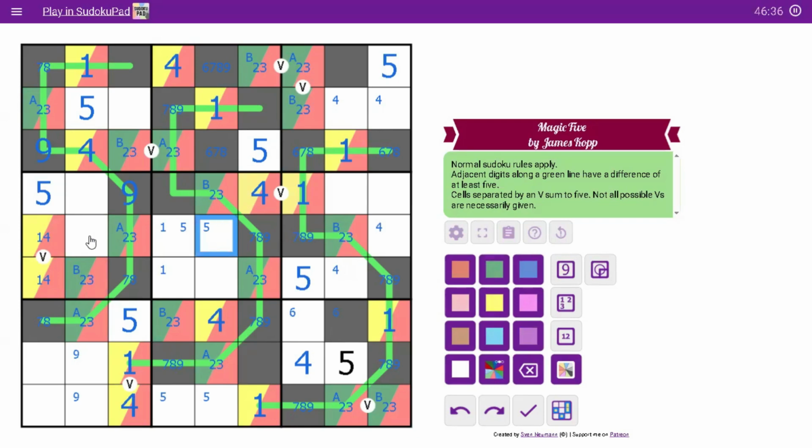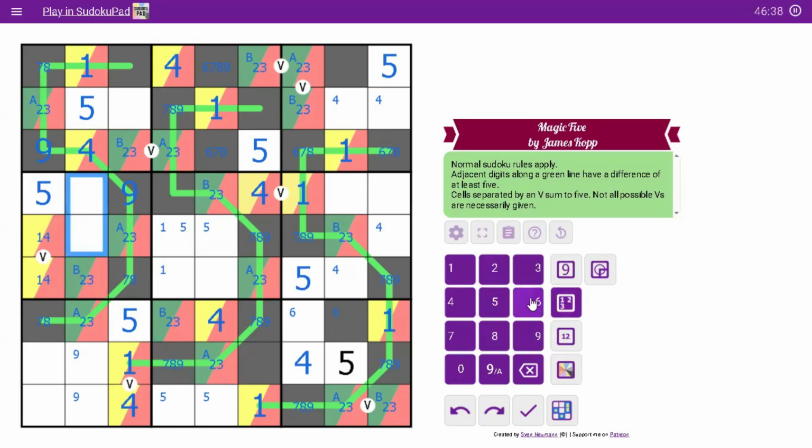So the 6 is definitely in one of these two. No other option. So the 6 is in one of these two, and so is the 2 or the 3. And the B digit can't go here, so it will go there.